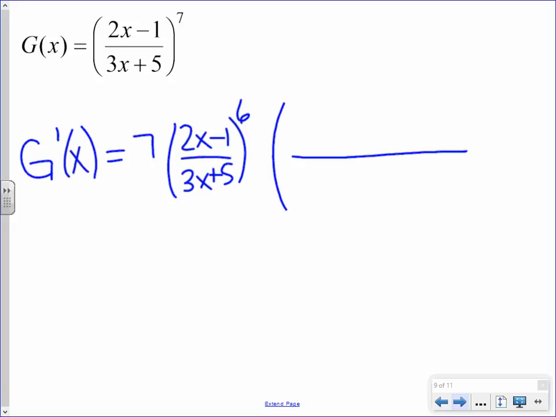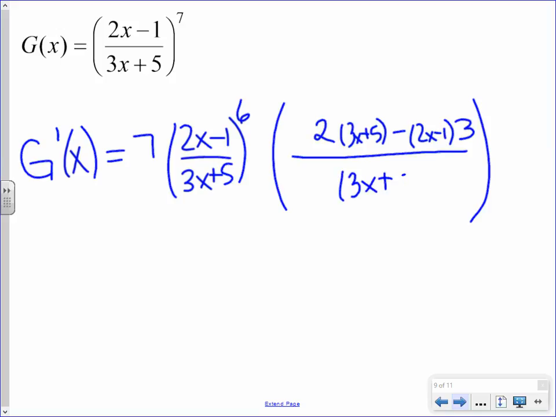It's not a bad quotient, though. It's linear on the numerator and denominator. Okay? Here we go. We have low d high minus high d low all over low squared.